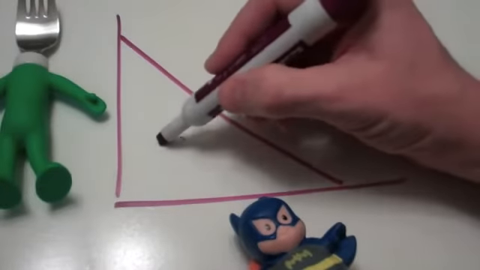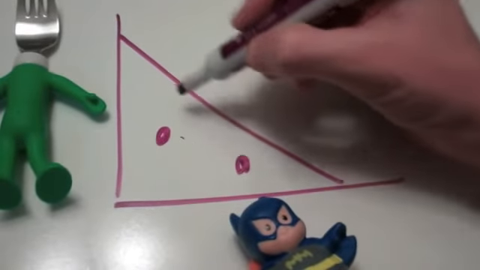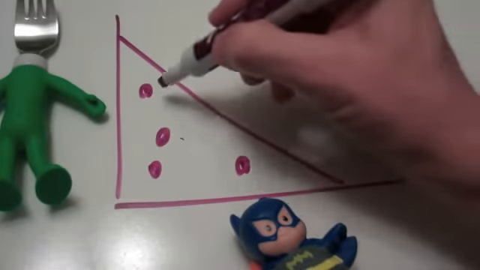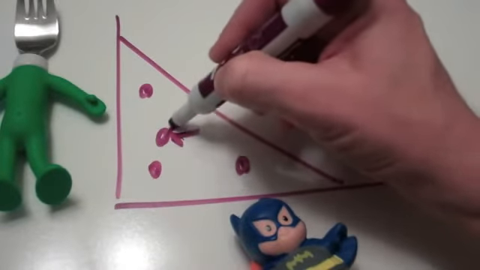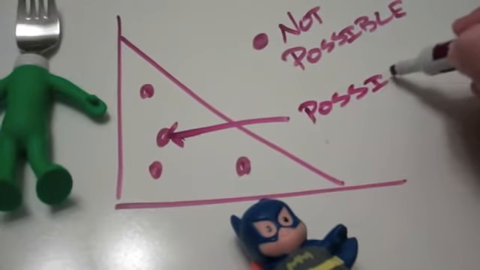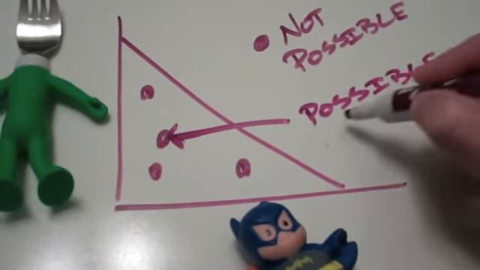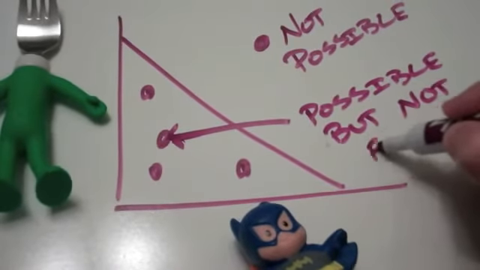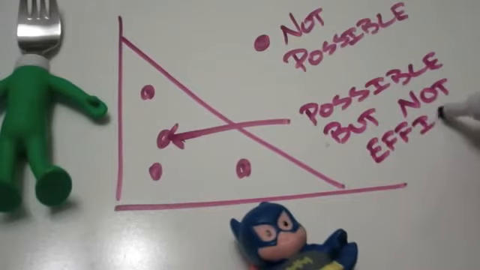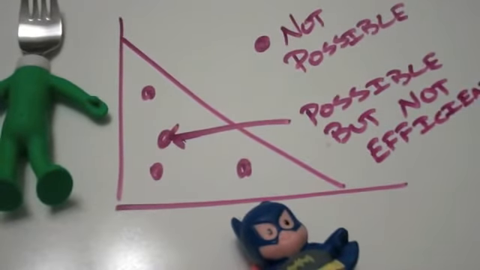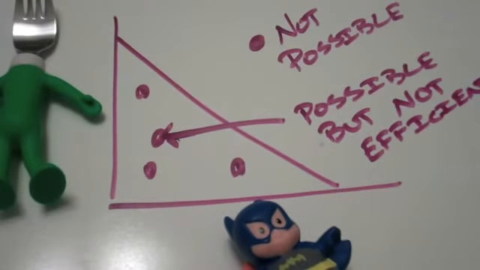But it also means that anywhere inside that line, we'll pick this one just for sake, while it is possible, it is not efficient. And in the words of Sheldon on Big Bang Theory, Hulk sad.